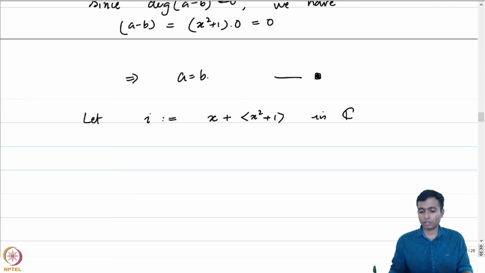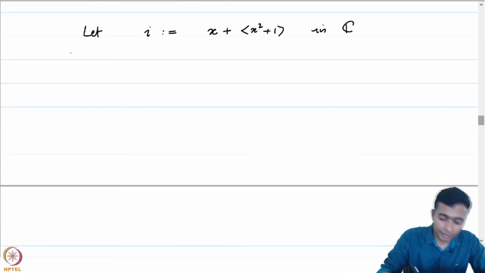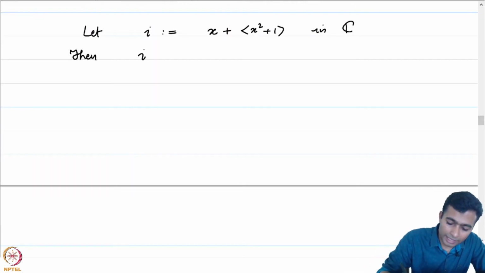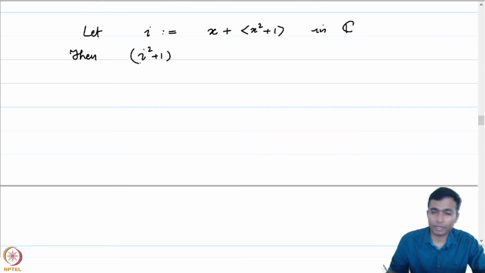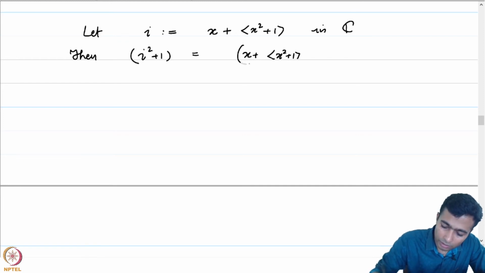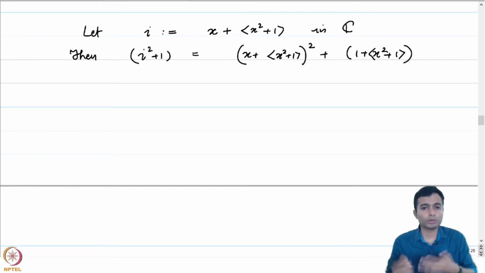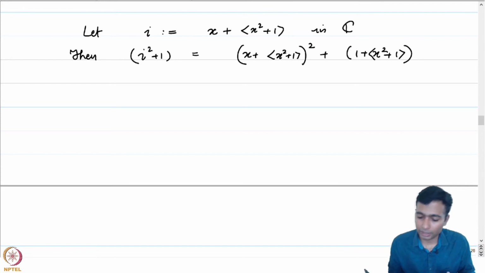So you look at the coset represented by x. Then what is I square plus 1 in C? I square plus 1 will just be x plus x square plus 1 whole square, plus 1 plus x square plus 1. This is what it means to look at I square plus 1 in C, right?